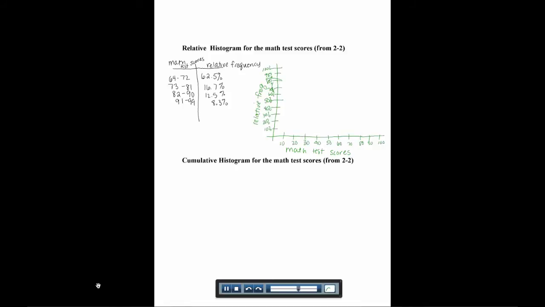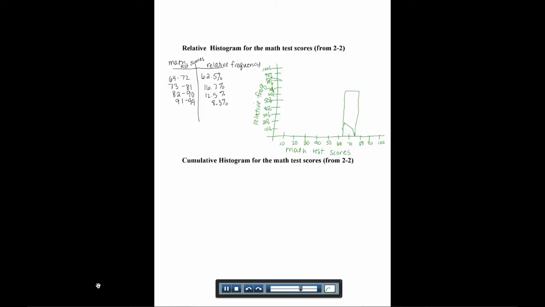Okay, so along the x-axis we have going from 10 to 100, and then we have our percentages from 0 to 100%. So again, we're going to go from 64 to about 73, and we're going to go up to, we're just estimating here, about 62.5%.